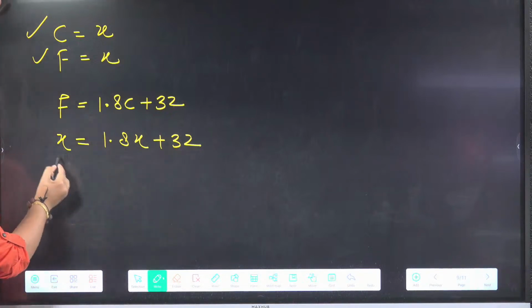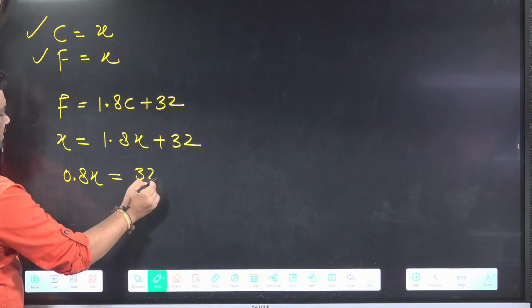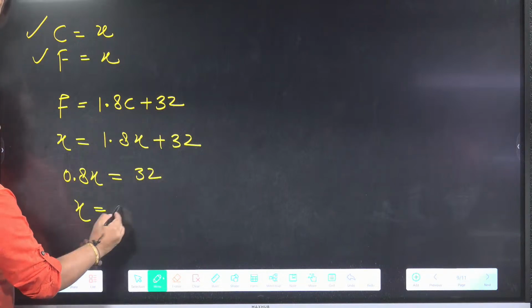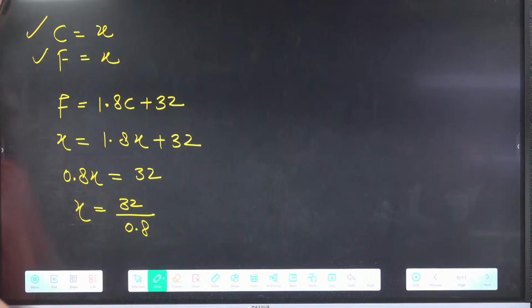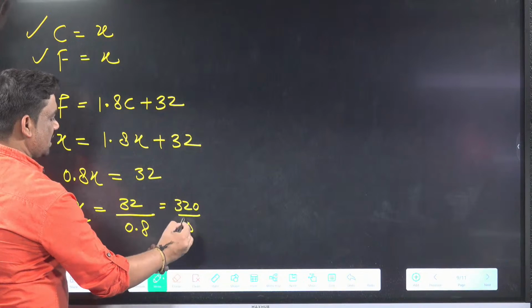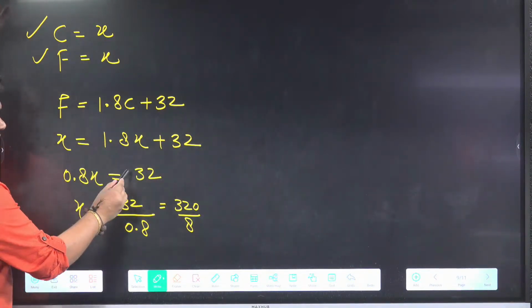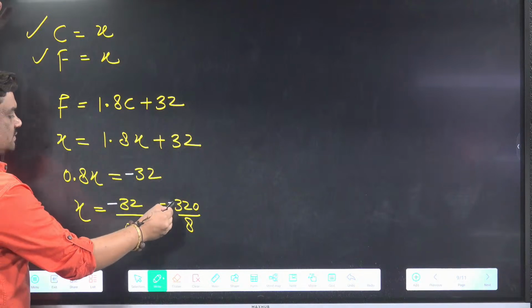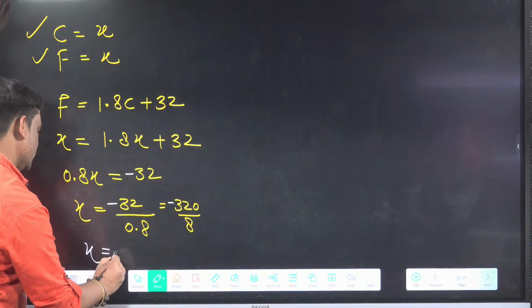So we can write this one this side. So it will be 0.8X equal to 32. So I can say X equal to 32 divided by 0.8. If I remove the decimal here, then this becomes 320 by 8, and that becomes minus 40 with the minus sign.